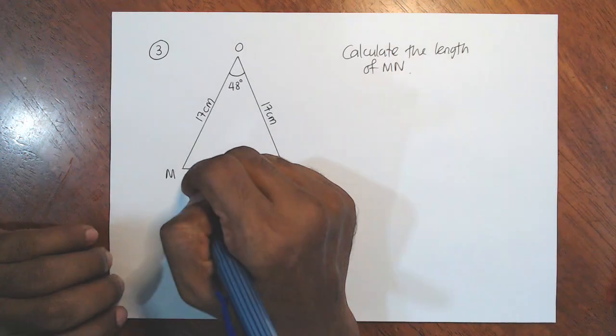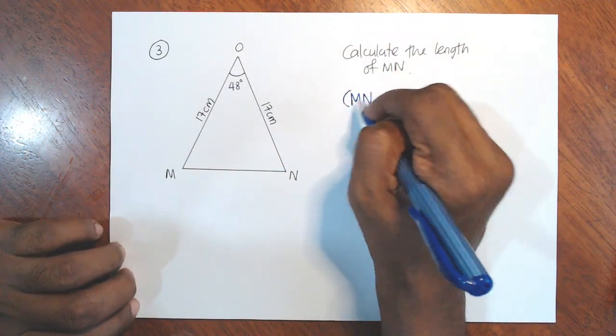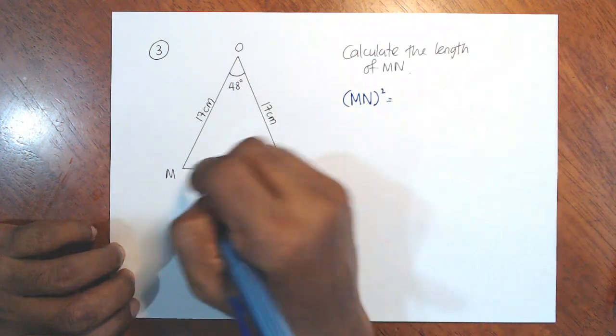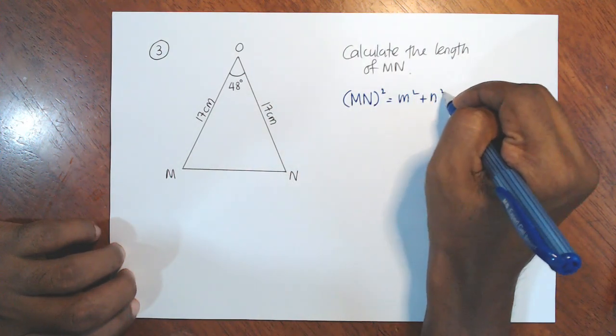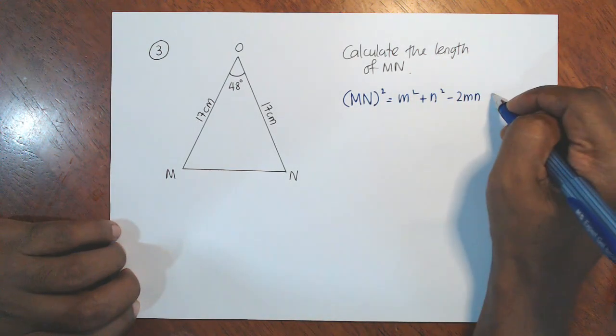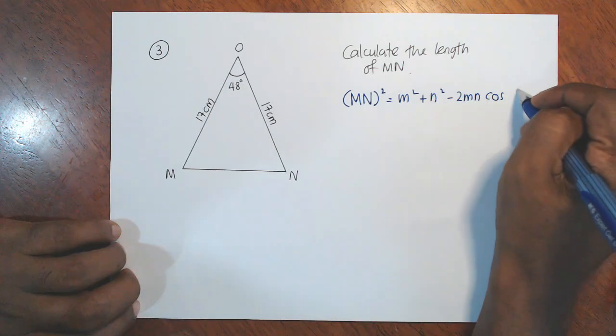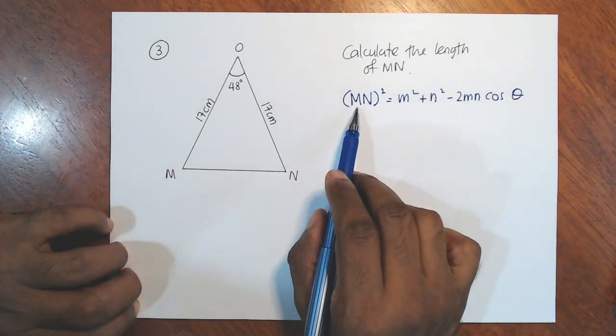So what we do is we write MN square equals to M square plus N square minus 2MN cos theta, right? And MN is what we are looking for.